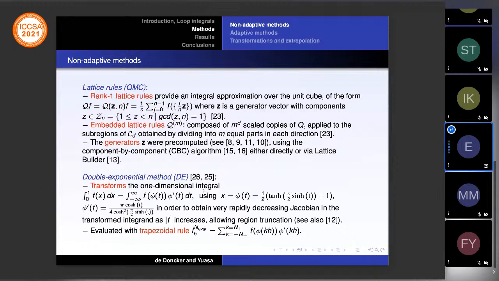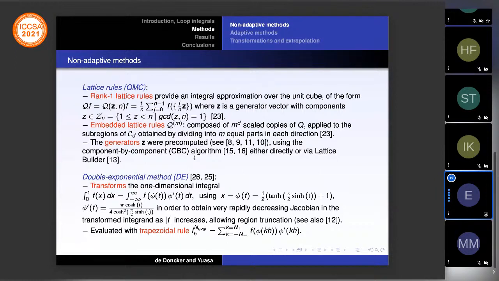For the methods, non-adaptive methods, we first have QMC quasi-Monte Carlo lattice rules that evaluate the function, the integrand, over a fixed grid. Embedded lattice rules we use with m equals 2. If Q is a lattice rule, then Qm is composed of m to the d scaled copies of Q applied to the m to the d subcubes.